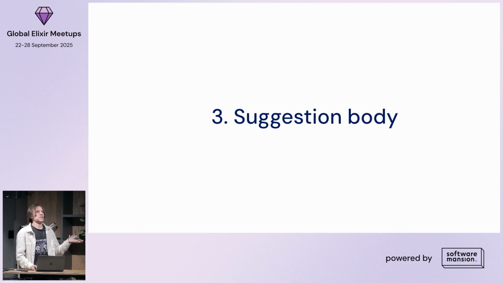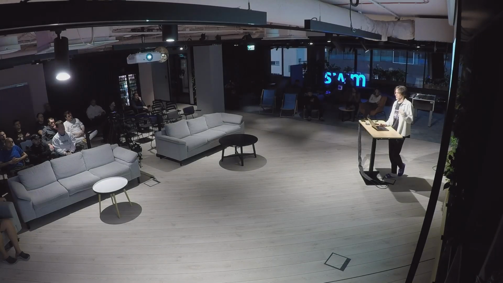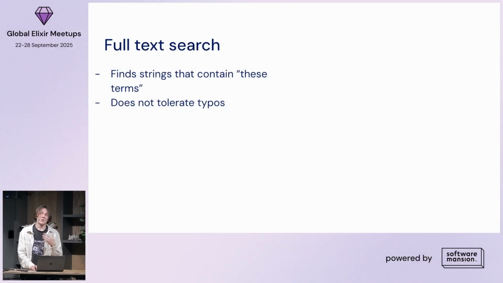And to solve this problem, we have full text search. Full text search finds strings that contain these particular terms. It does not tolerate typos, but we don't care about them because we can kind of ignore the factors that don't match.